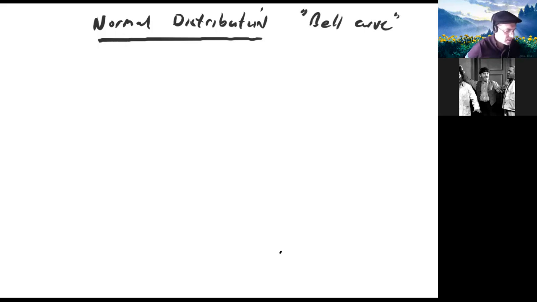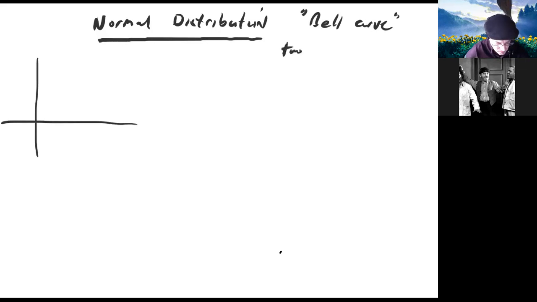What it looks like is a curve, and it depends upon two parameters, two real numbers. The first parameter is called mu, and the other is called sigma.